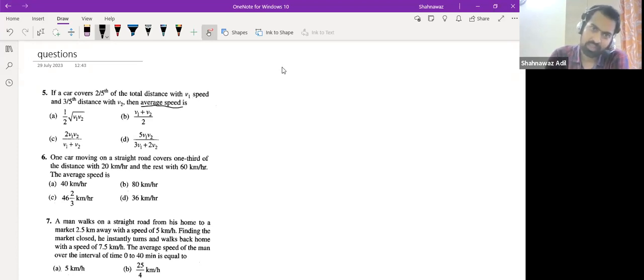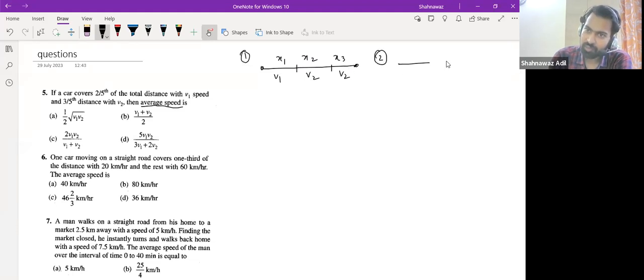In one, the distances would be given, let's say x1, x2, and x3, and then the velocities. The second kind is that you have the times given, and then the velocities or the speeds are given.